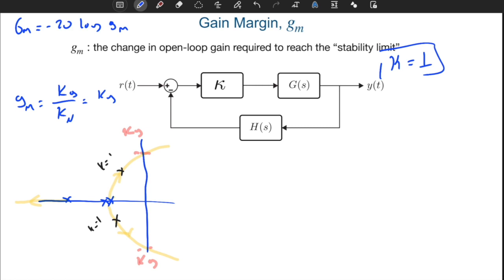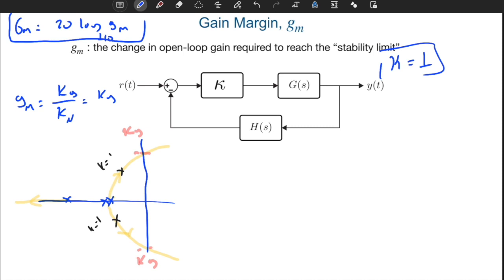Don't forget it's base 10. It is multiplied by 20, not minus, sorry for that. 20 log 10 of gain margin is the gain margin in decibel units. The gain margin itself is just a magnitude with no unit, and the decibel value has a unit. So if I give you the root locus, you can compute the gain margin.